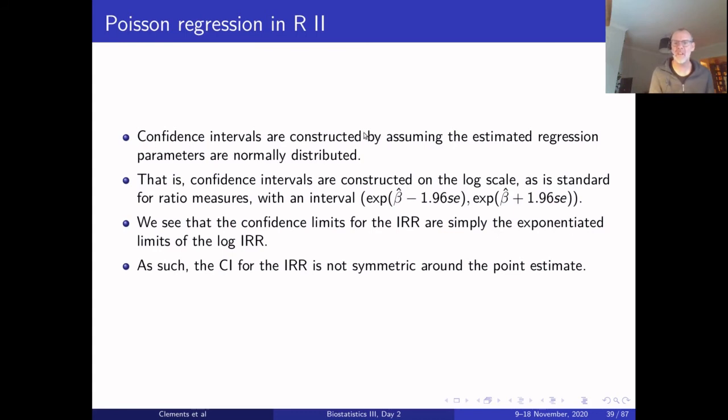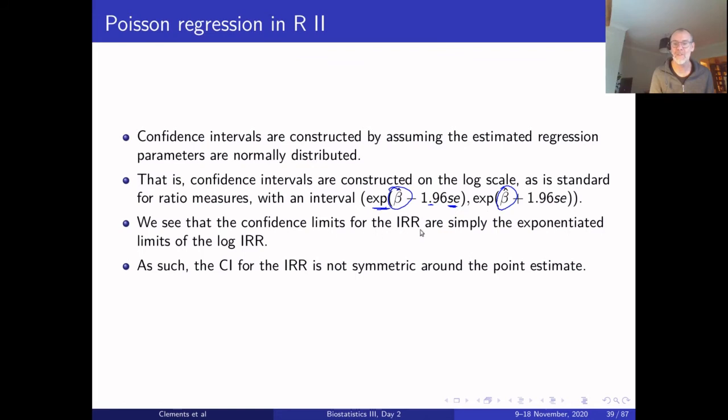Confidence intervals are constructed by the assumption that the estimated regression parameters are normally distributed, and we actually do that on the log scale. So we get the beta hat, then we subtract 1.96 times the standard error, and then we take the exponential to get the lower limit, and then the exponential of the estimated parameter plus 1.96 times the standard error for that parameter.